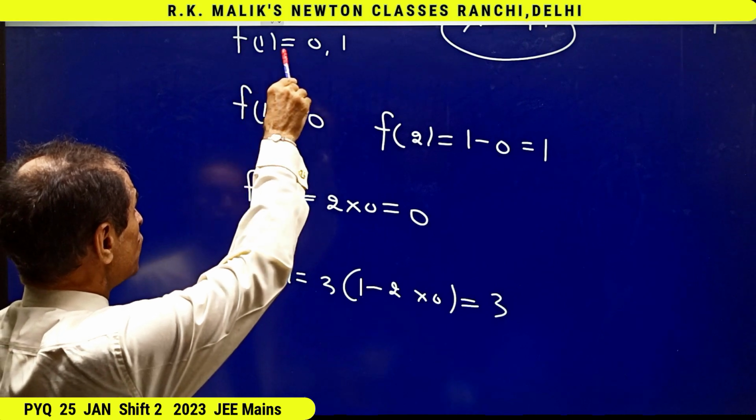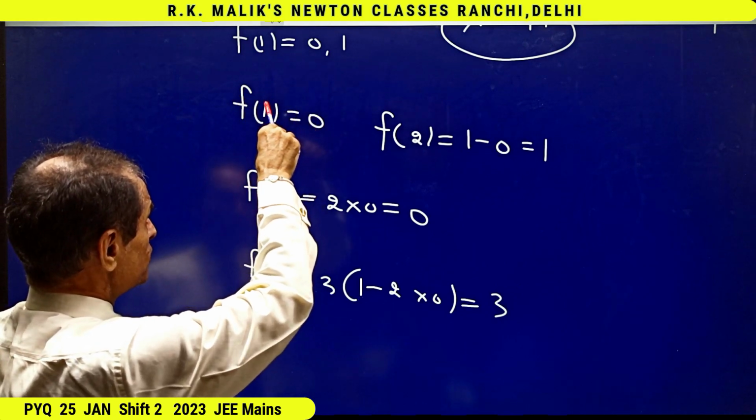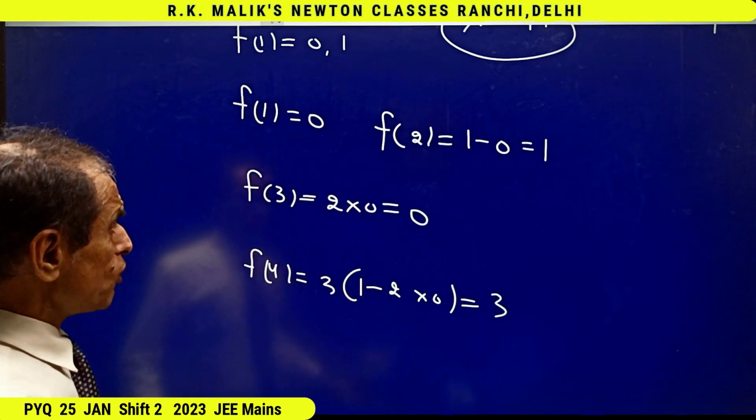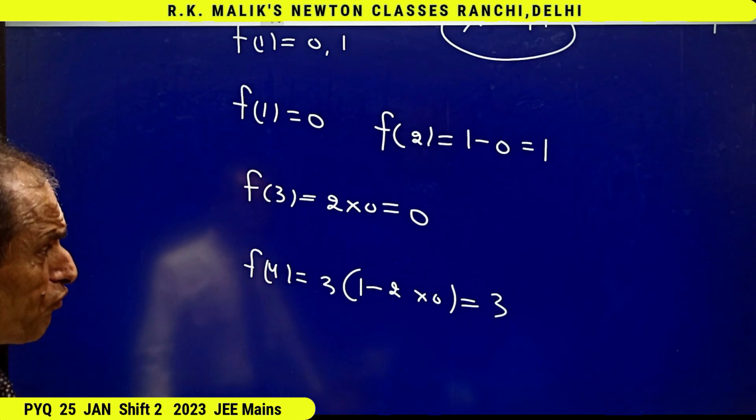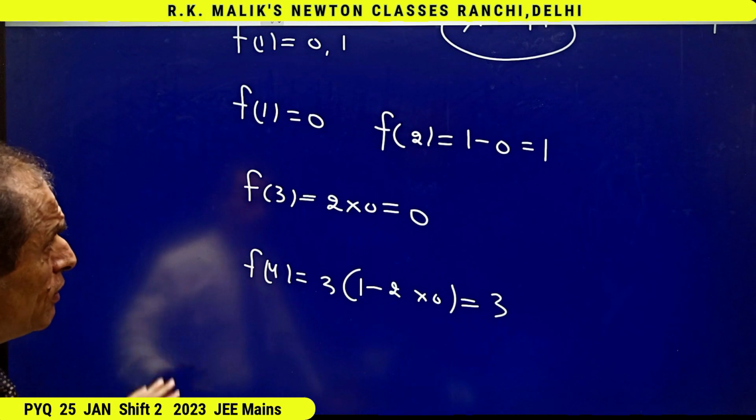Similarly, if I take the value of f1 as 1, then also you will get the unique values of f2, f3 and f4. In that case, one more function will be possible.